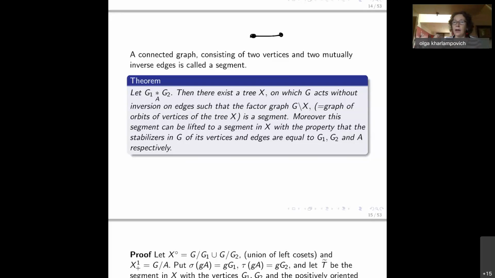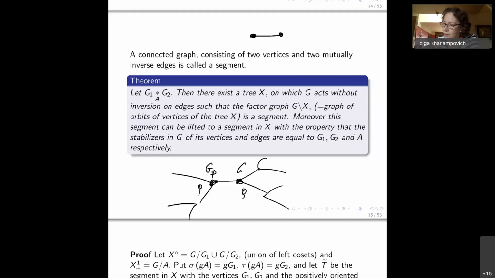So basically what we say is that if the group is an amalgamated product, then it acts on a tree, and there is some segment in this tree. Call its vertices P and Q. If you take the stabilizer of this vertex, the stabilizer of this vertex, and the stabilizer of the edge E, then G is actually isomorphic to the amalgamated product of G_P and G_Q over G_E.